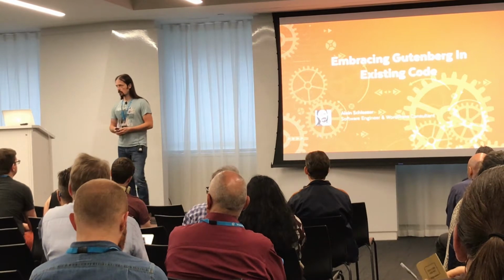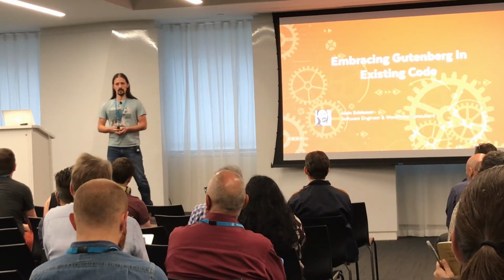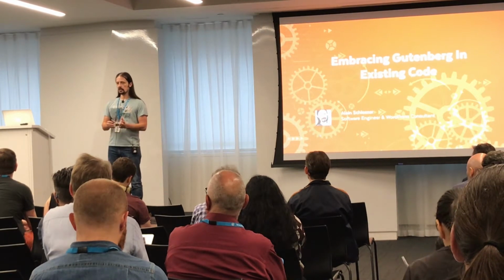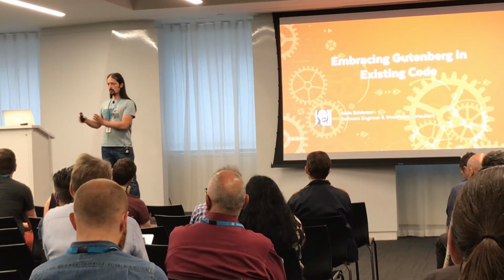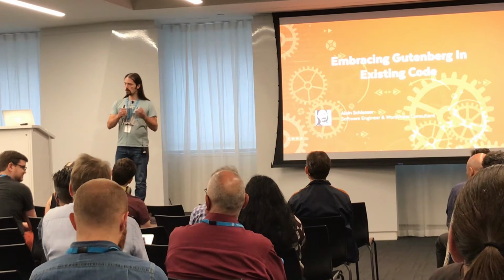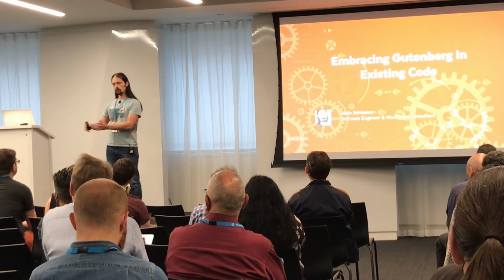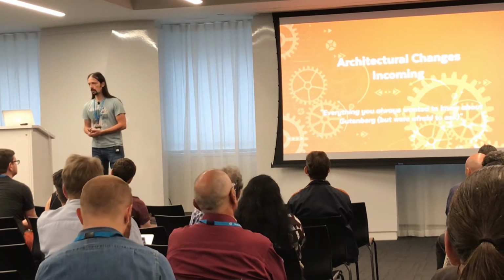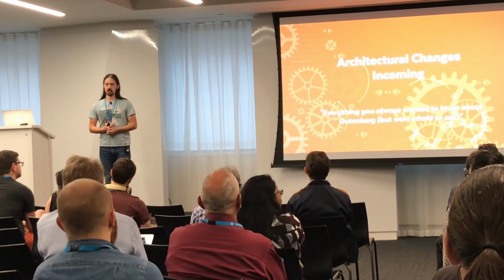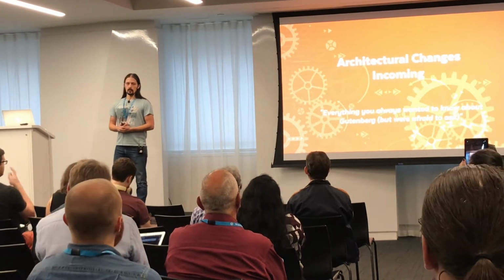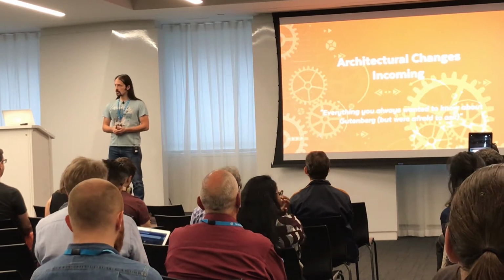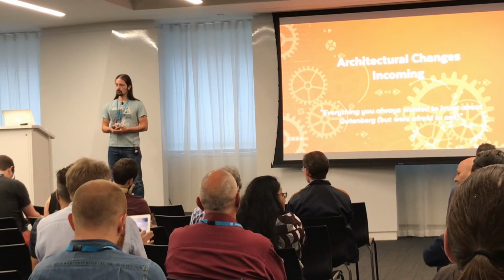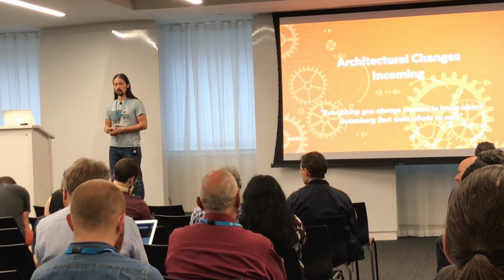So I want to go through a few concepts of Gutenberg first, and then I'll discuss a way of gradually moving your code over from the old WordPress way to the new WordPress. First of all, with Gutenberg, there will be architectural changes that are coming. This means that there are a few challenges ahead that you need to solve for your specific product.